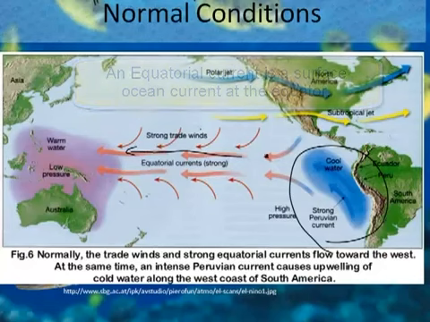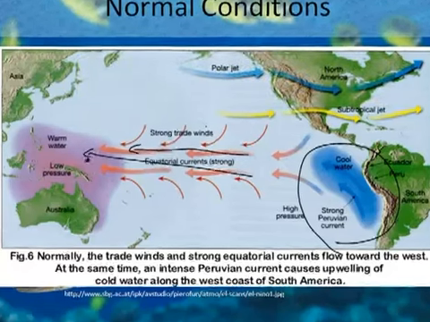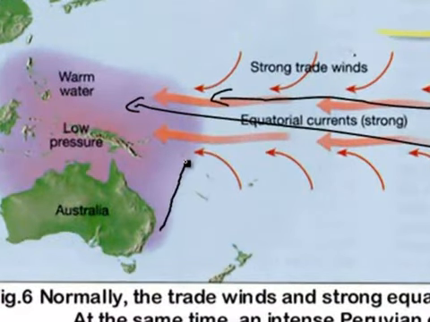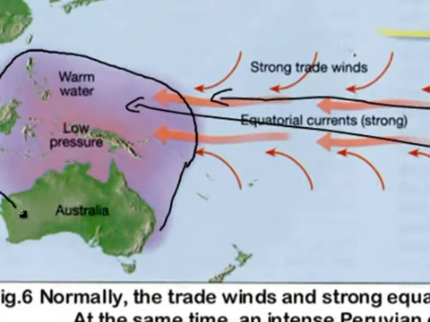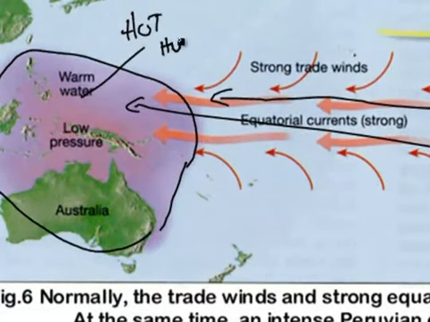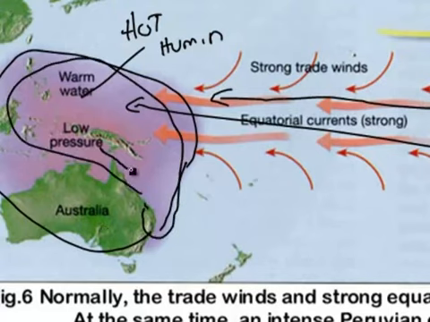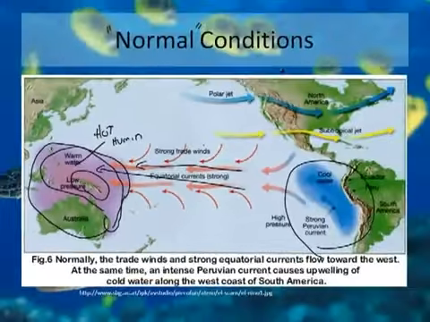If you've got warm water traveling, you're going to have warm, wet conditions. These will be hot, humid places. And I know not all of Australia is hot and humid, but particularly in this region right here. This is Indonesia, which is a very hot and humid place to live.